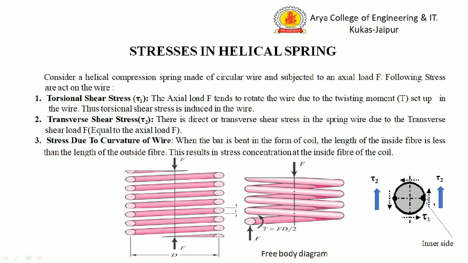So the stress at the inner fiber is higher than the stress at the outer fiber. At the outer fiber, the stresses tau 1 and tau 2 are in opposite directions. So the maximum stress occurs at the inner fiber of the coil. This is the inner fiber.